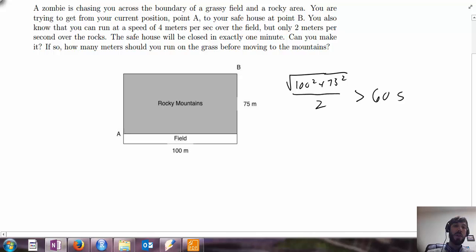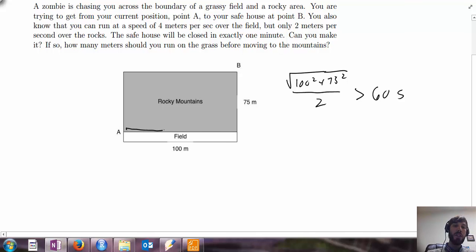What you want to do is run along here until you get to a certain point, and I'm going to call this distance right here x. And then you want to leave the field and run across the Rocky Mountains the remaining way.